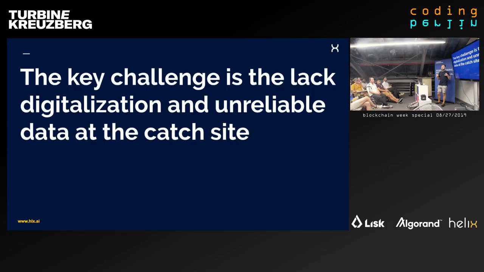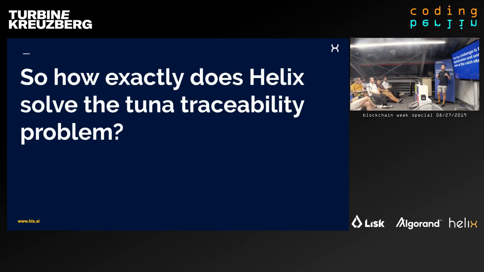So how would Helix actually help with this problem? Because as you see, this is not really just a technical problem, but also an integration and social problem. The key factor here is the amount of data and the availability of this data. So if you have a fishing boat with lots of sensors, such as a GPS tracker, a weight tracker, and RFID sensors on each fish, you cannot fool every single sensor.